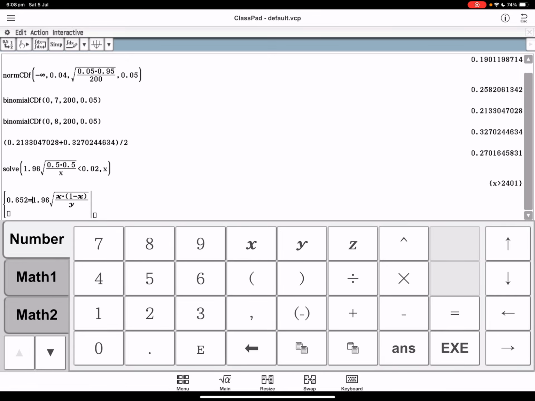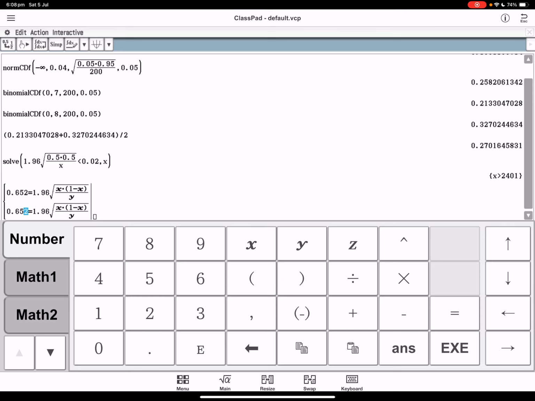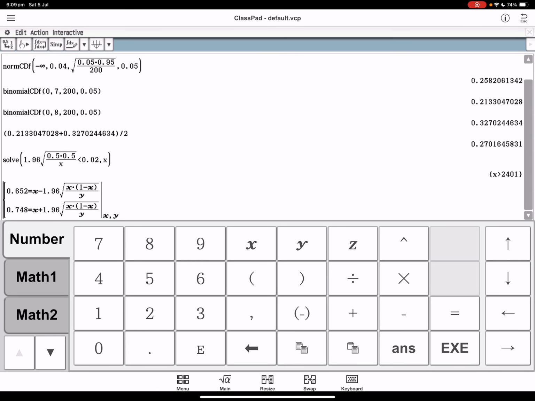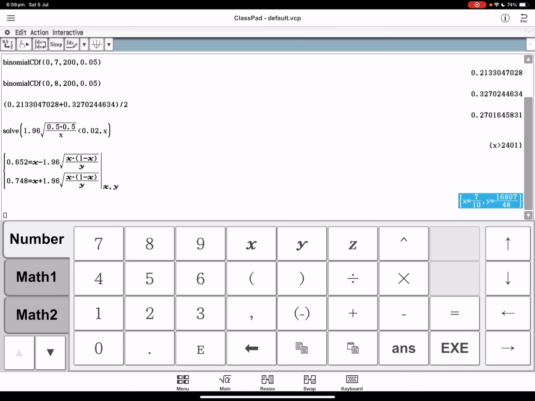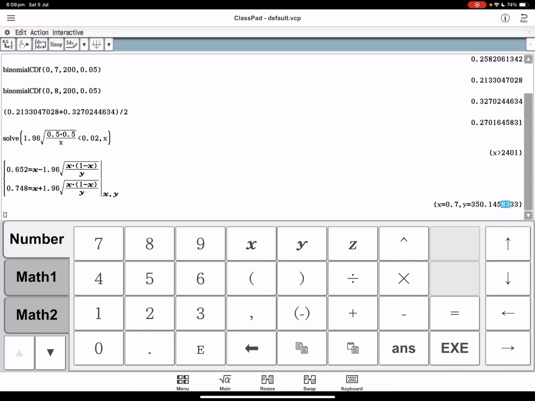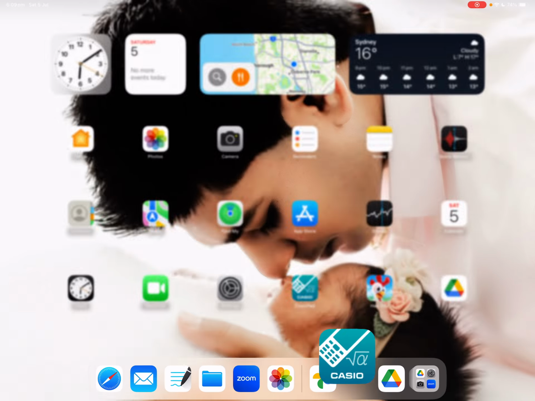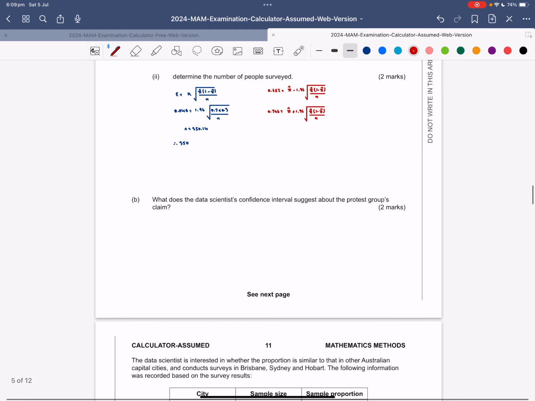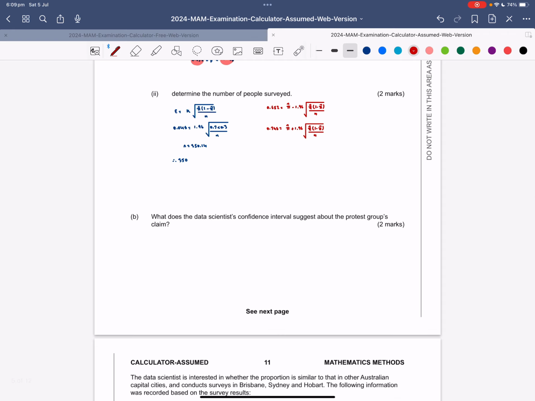The upper boundary had been 0.748, and this was meant to say x plus this amount, with x, y. If you do that, we get 0.7 and 350.1415, like I said earlier. So there you go, two different ways of doing that question.